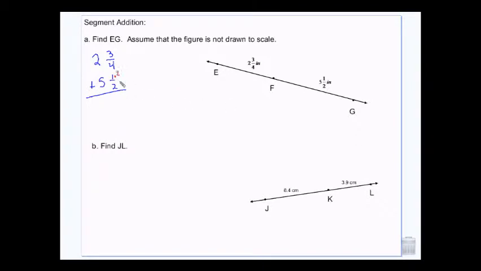So I'm going to multiply both of these by 2, which is going to change this to 2 3/4 plus 5 2/4, which is going to give me 7 5/4, which is 8 1/4. Go from the 7 5/4 to the 8 1/4.